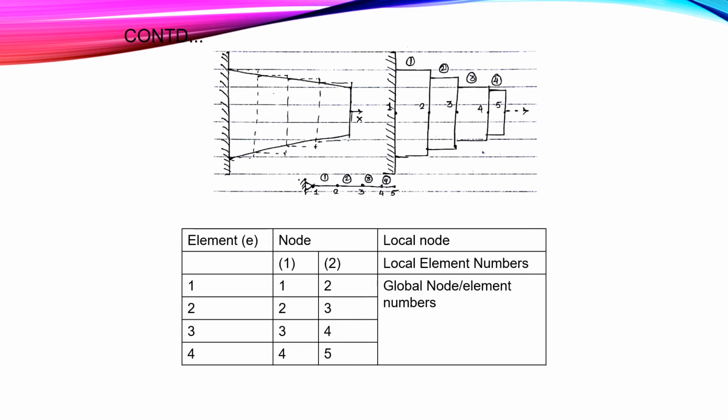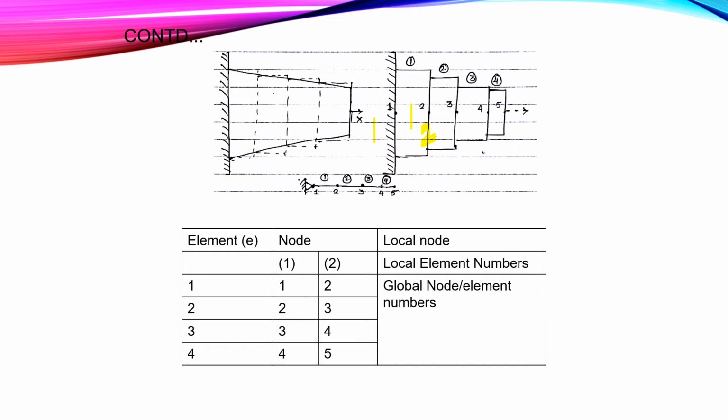Let us see this example clearly. This total element is divided into 4 elements. Element 1 has local nodes 1 and 2. See, this is element 1 and this element has local node 1 and local node number 2.